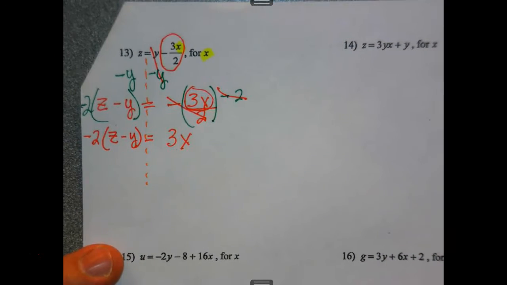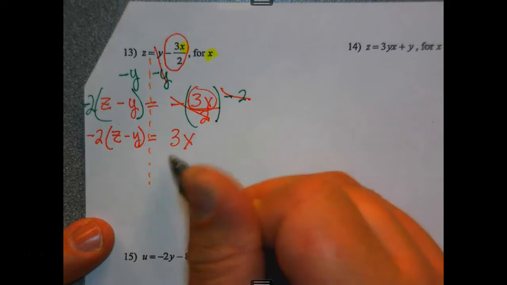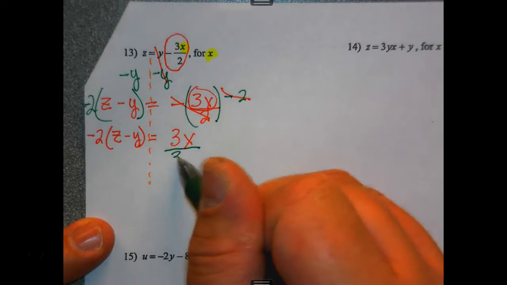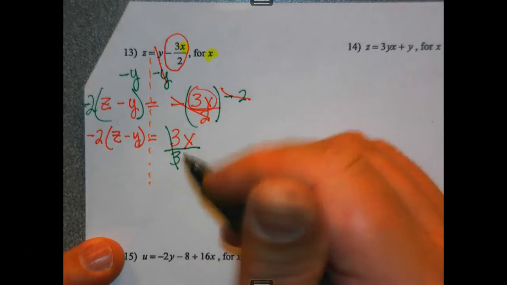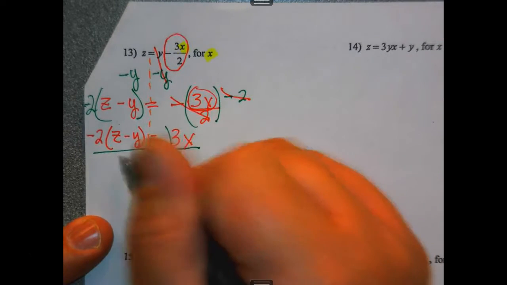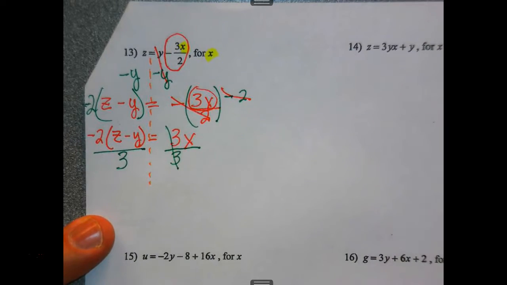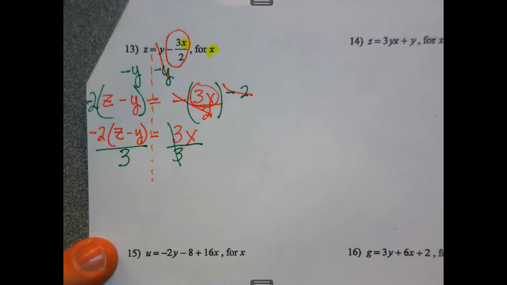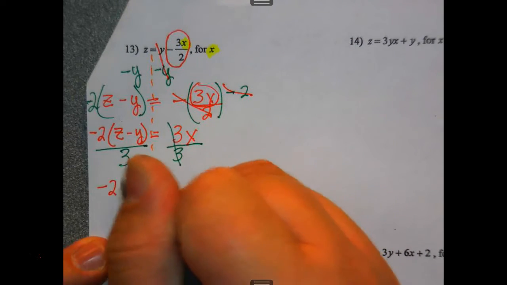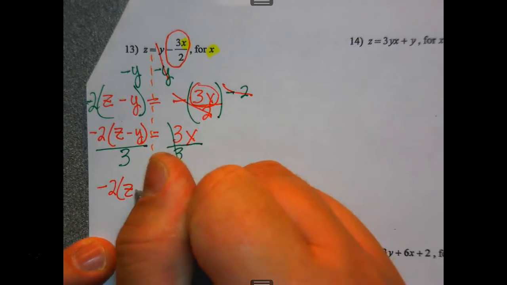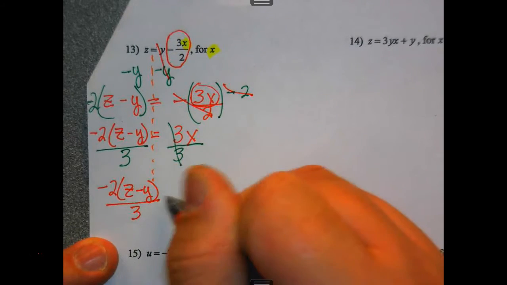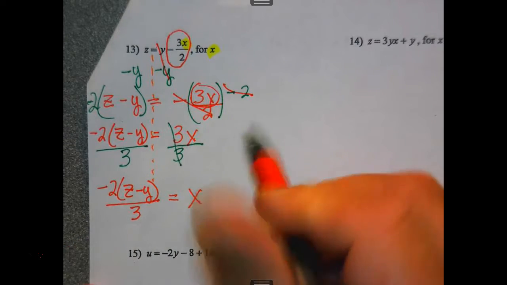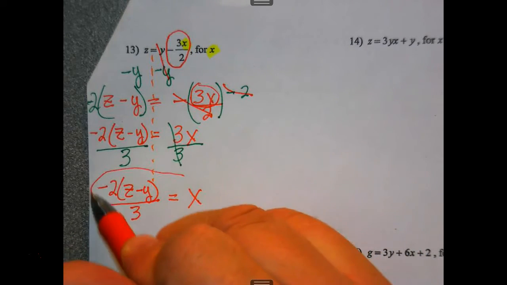Get x by itself. Divide by 3. I get negative 2 times z minus y divided by 3 equals x. Finally got x by itself.